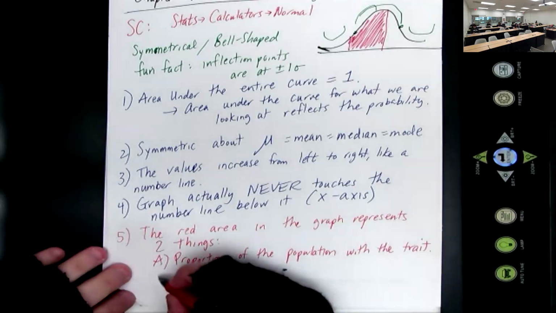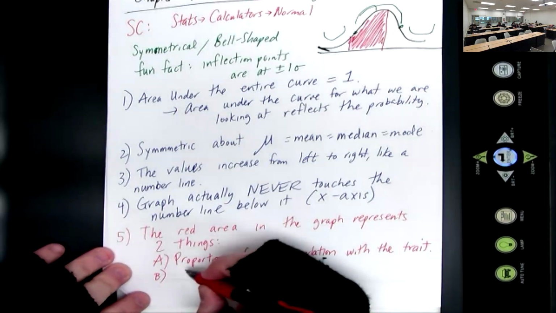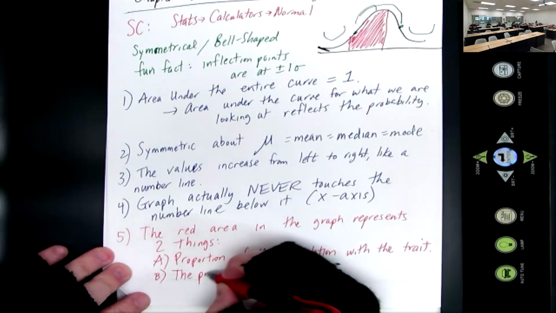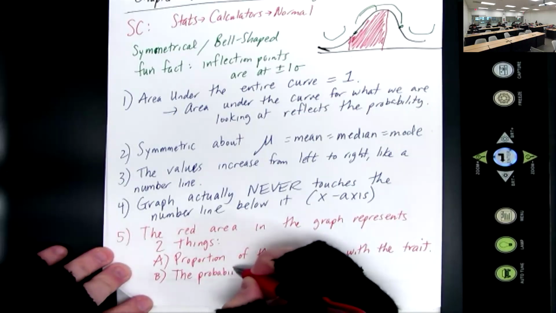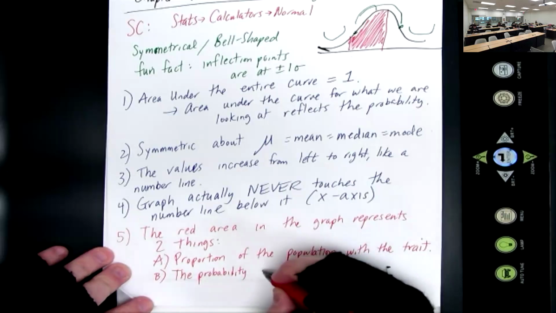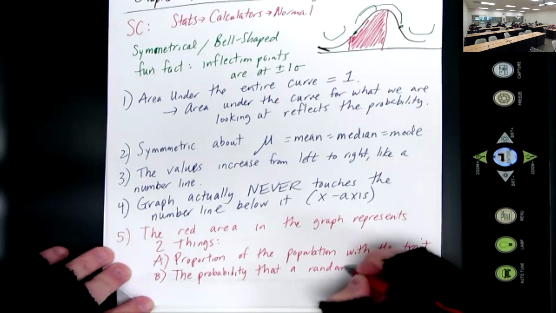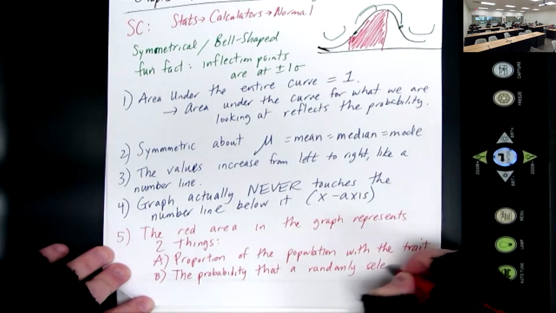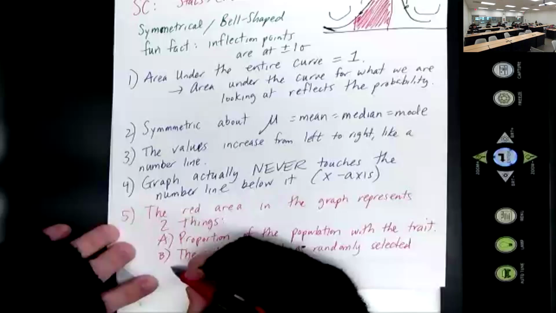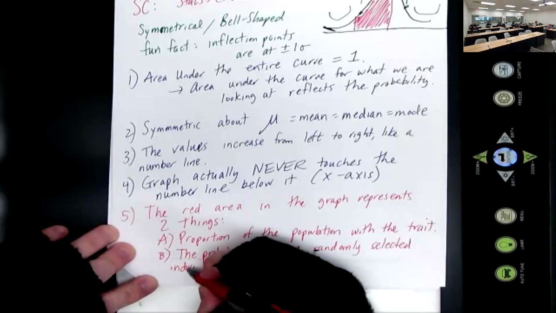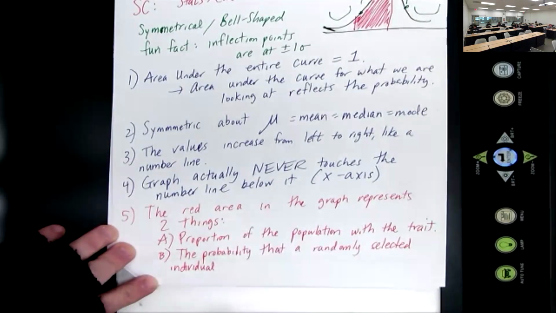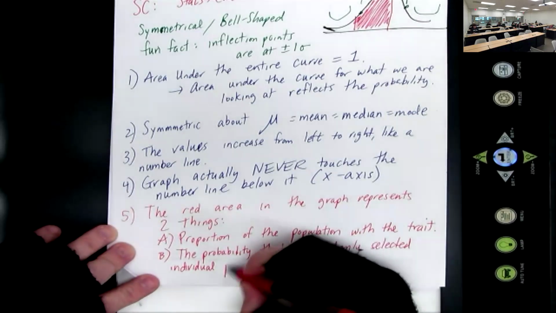And B is the probability that a randomly selected individual possesses the trait.